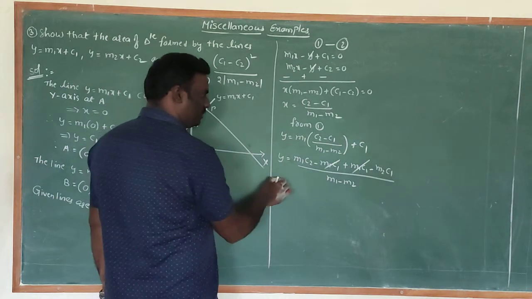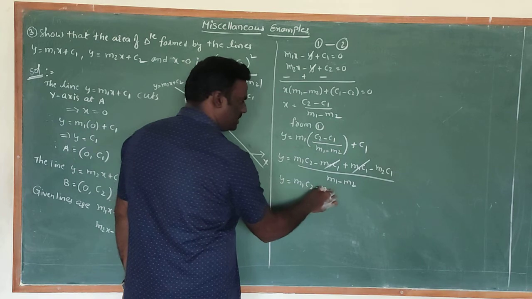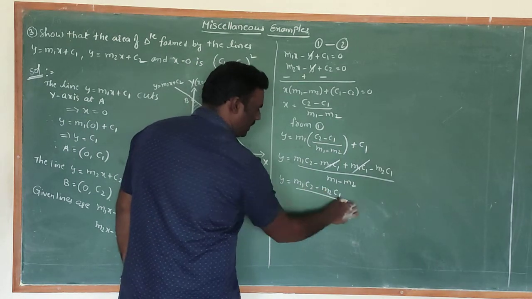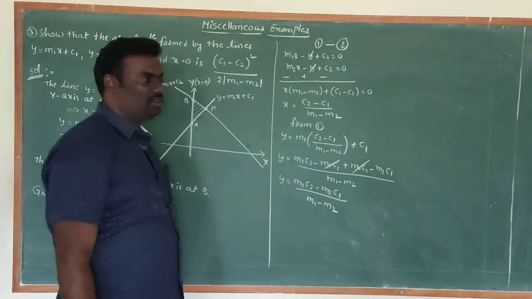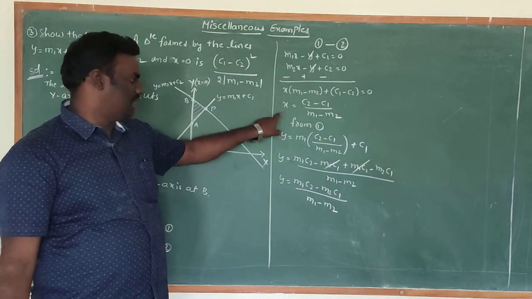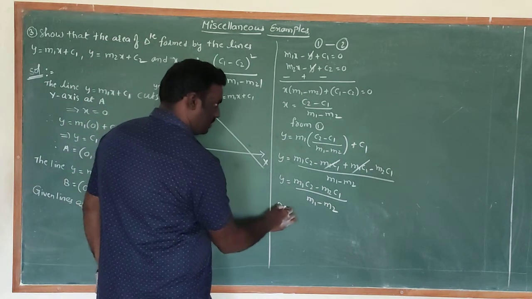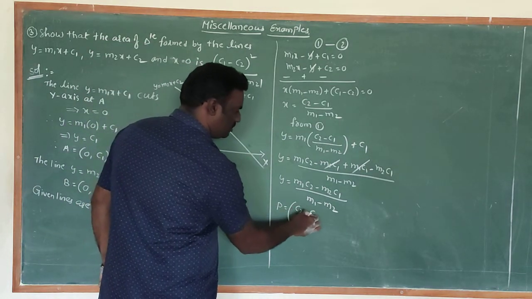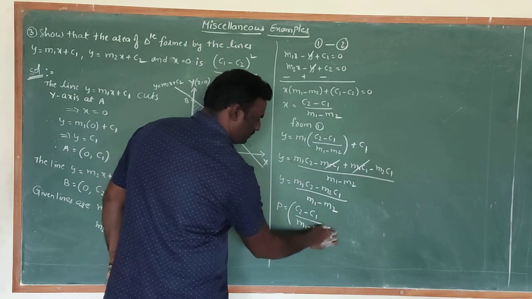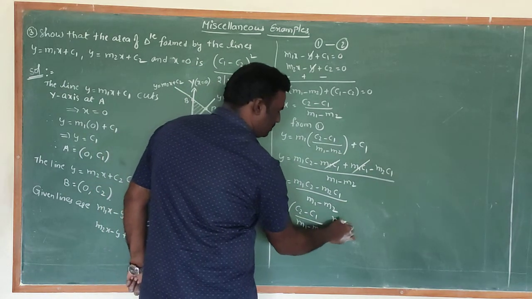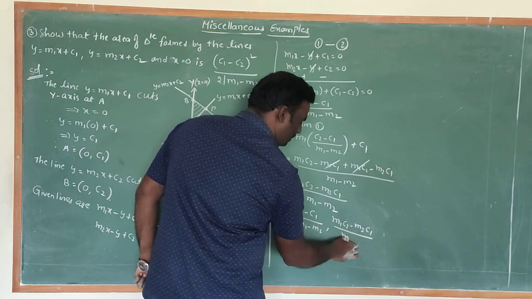So y equals m1c2 minus m2c1 by m1 minus m2. Then finally we got the x value and y value, that is the P point. Now the P point is (c2 minus c1 by m1 minus m2, m1c2 minus m2c1 by m1 minus m2).